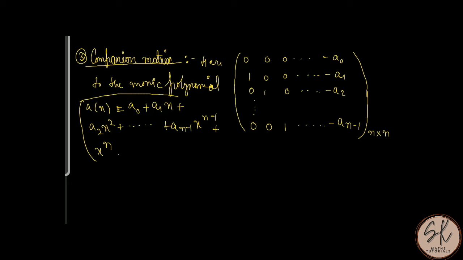So if this is a monic polynomial, then its companion matrix is given by this. So the rule for writing a companion matrix is the last column.